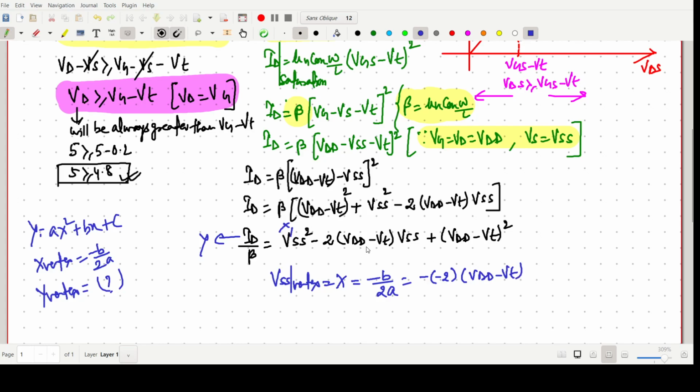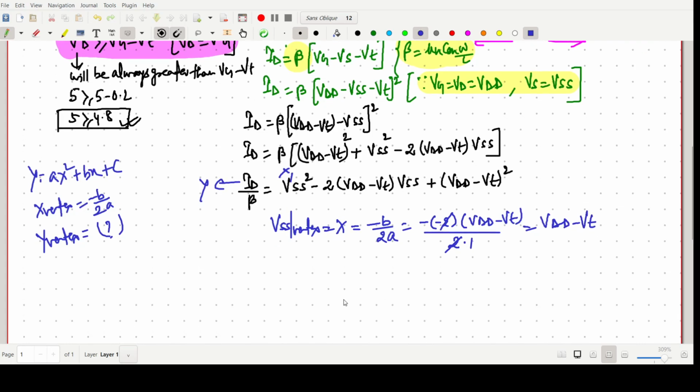So minus minus 2 (VDD minus VT) by 2a, where a, the coefficient of VSS square, is 1, and the 2 cancels, minus minus plus. So it should be VDD minus VT. That is our VSS vertex.